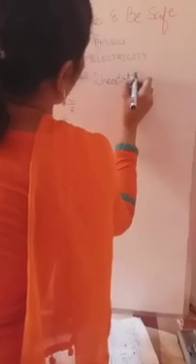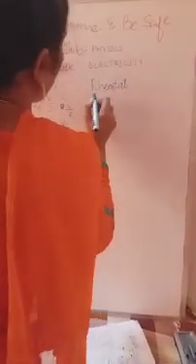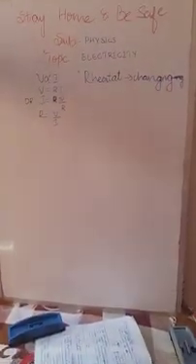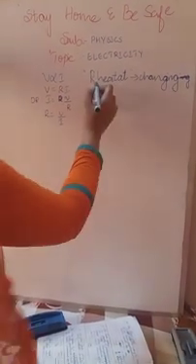This rheostat is used in a circuit for changing resistance or for variable resistance. Changing resistance in the sense, if you want to increase or decrease the resistance, we use the device in an electrical circuit, that is called a rheostat.